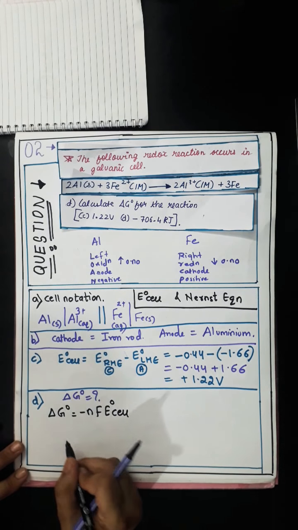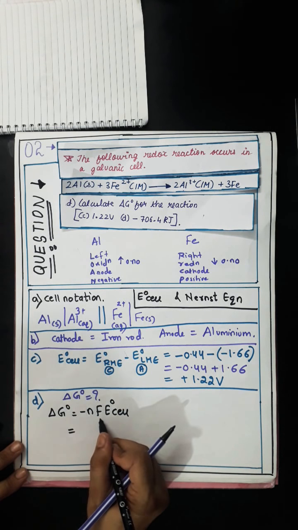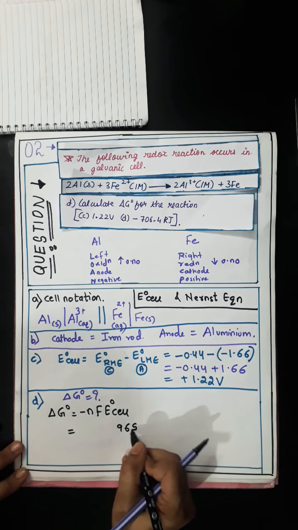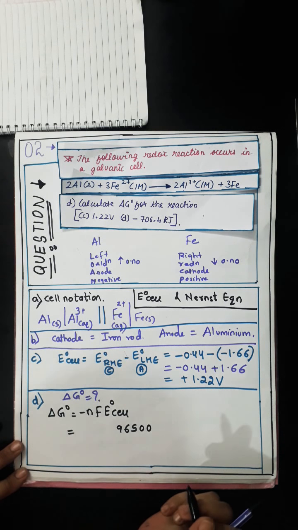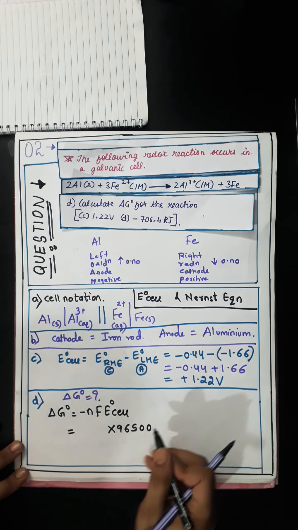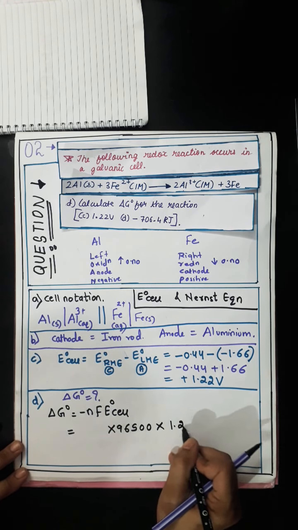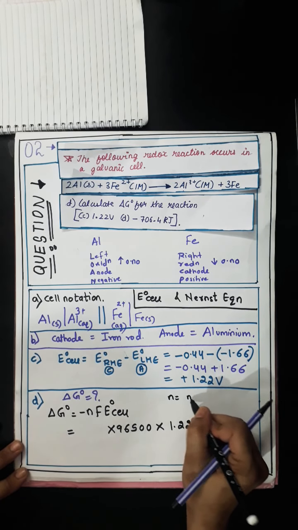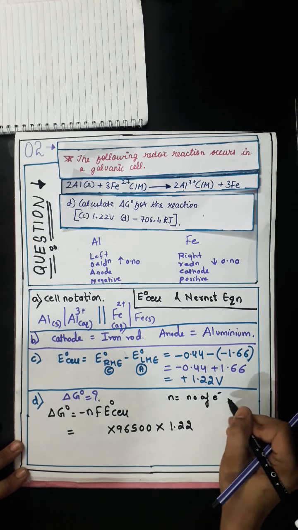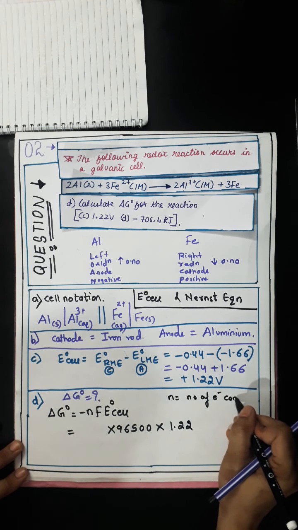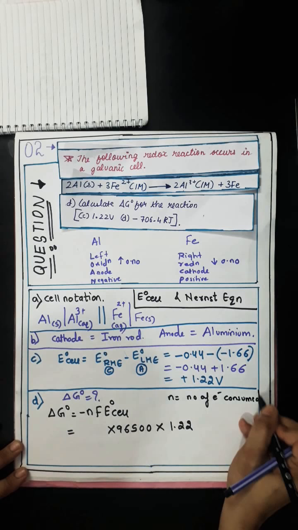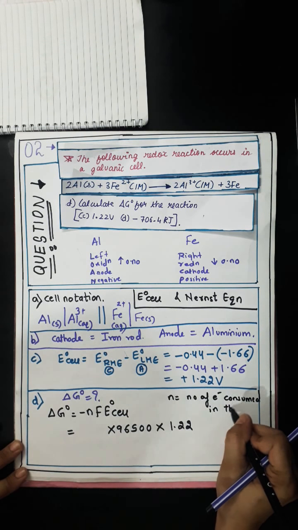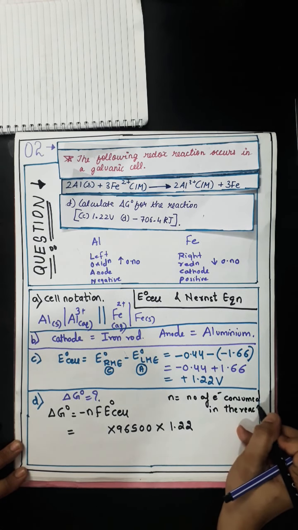Now, what is this F? F value we know, 96500 coulomb. And what is E naught cell? 1.22. What is n over here? n is the number of electrons consumed in the reaction.